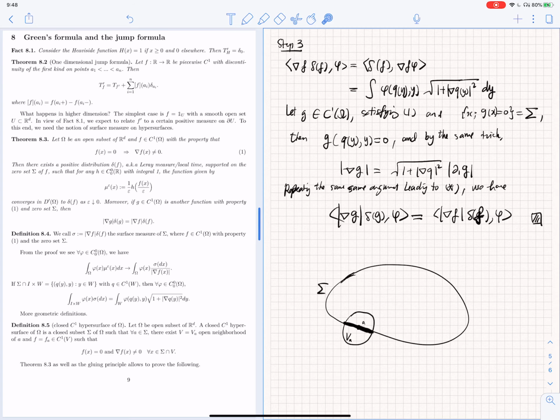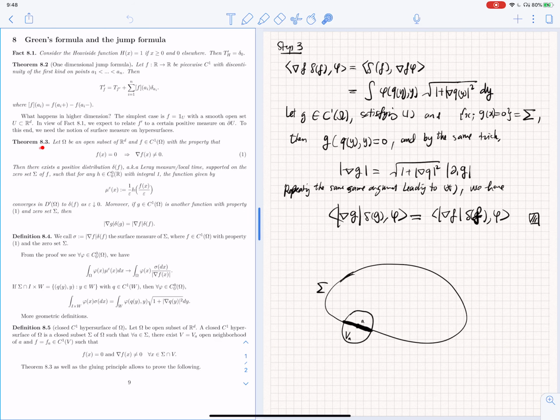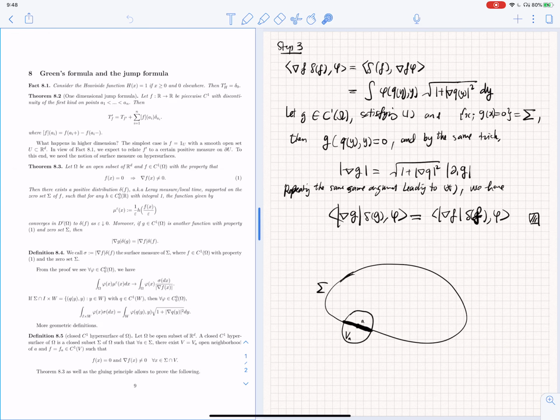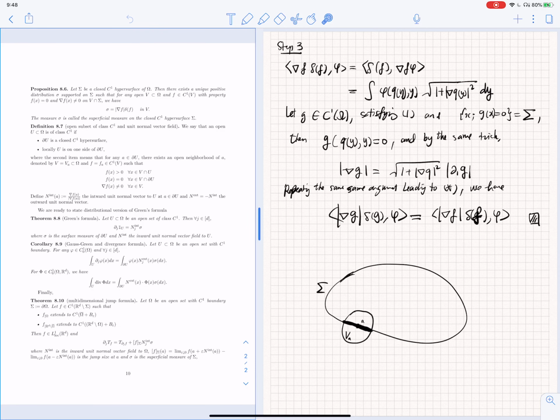Okay, so if we use our already proved theorem 8.3 together with the gluing principle, we can actually show without any difficulty the following proposition.